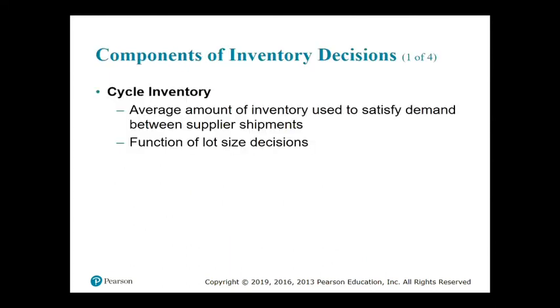So, components of inventory. Basically types of inventory. One, we have cycle inventory, which is the result of either producing products, transporting products, or purchasing material products in large lots.